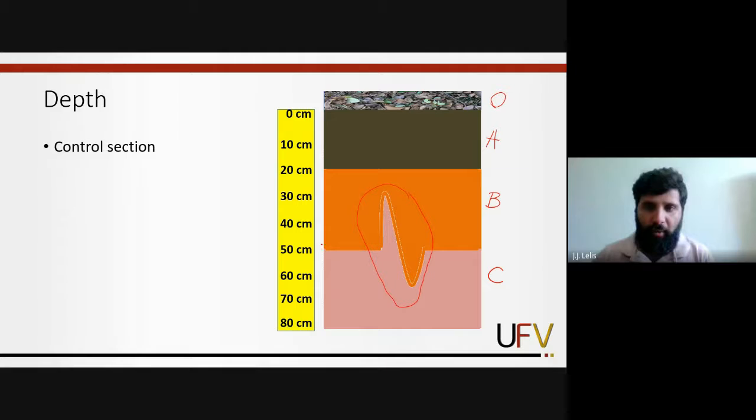Measuring the start and the end of the horizon. Please take 5 minutes trying to take some notes. How can we identify the beginning and the end of each horizon? Please write in your notebook, and after the 5 minutes, you can type in the chat. I'm waiting for your answer.